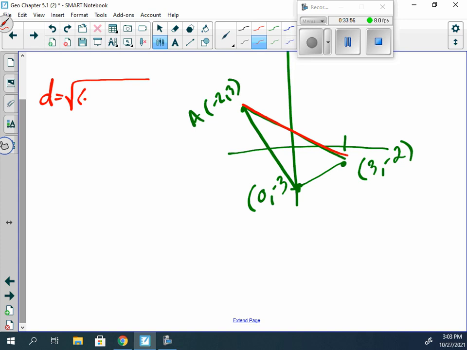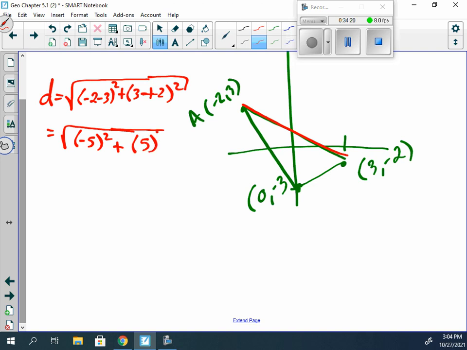So our x values would be -2 minus 3 squared plus 3 minus -2 squared. Now at this point, we could plug this entire thing into the calculator and it would give us the answer. Now if we did this by hand, -2 minus 3 would be -5 squared plus 5 squared.